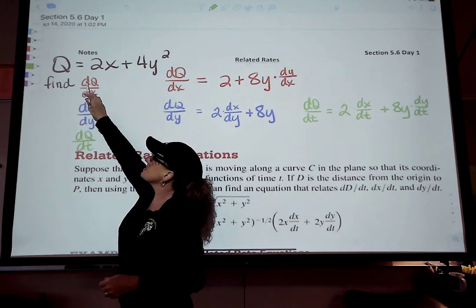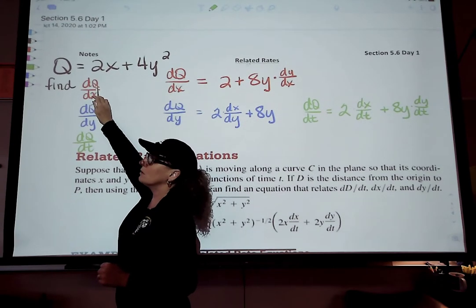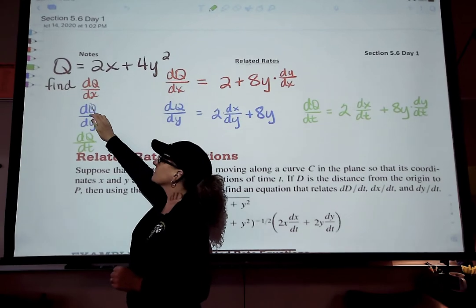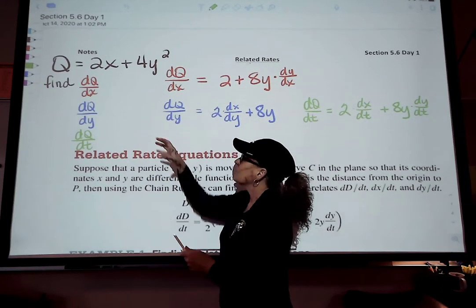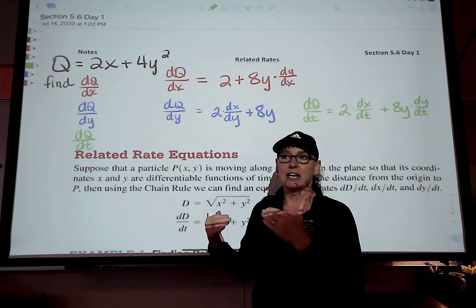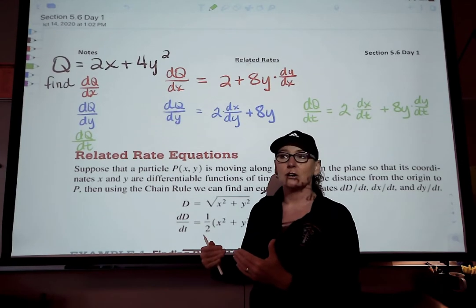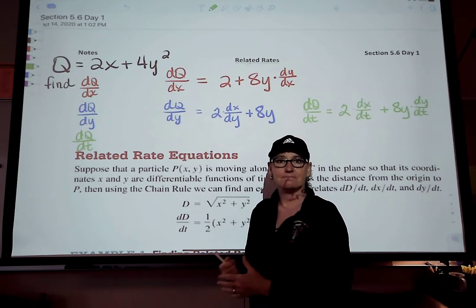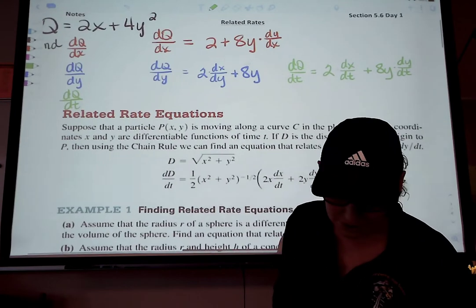So this is talking about the rate of change of q with respect to x. The rate of change of q with respect to y. All these derivatives are how q is changing. What is q's rate of change? So keep that in mind.